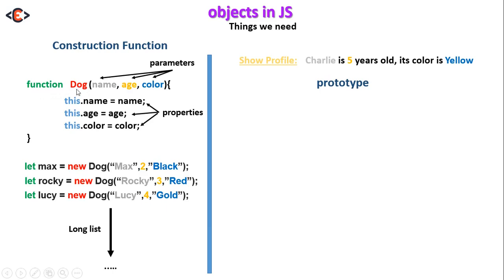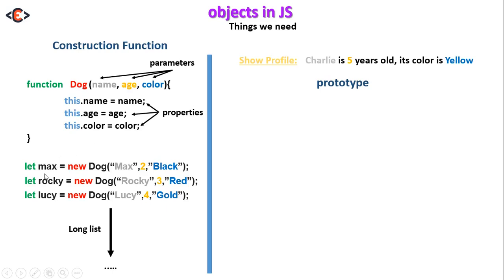Now when we created the constructor function Dog using function, somehow Dog has inherited all the properties and methods of this function, meaning Dog can access those properties and methods. Same here, when we created Max and Rocky and Lucy, these instances can also access the properties and methods of Dog. Meaning they can access the prototype of Dog.